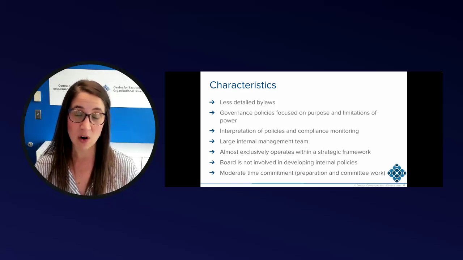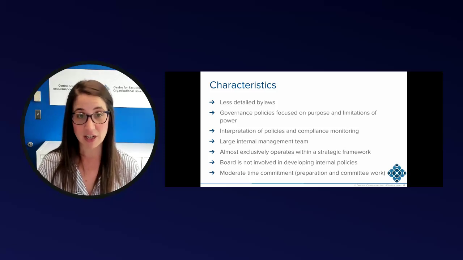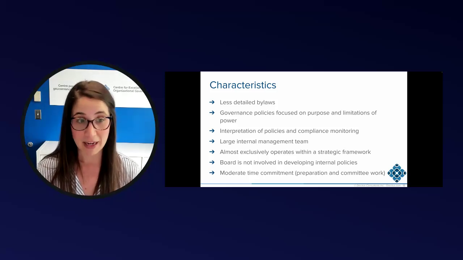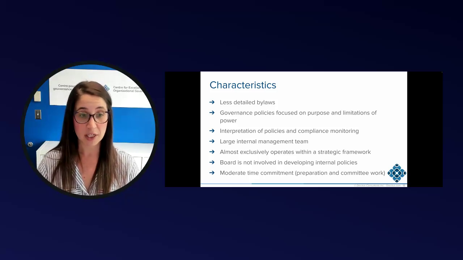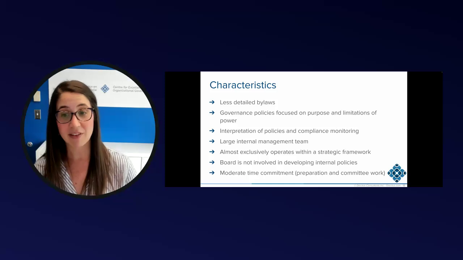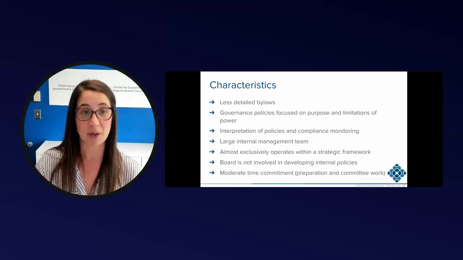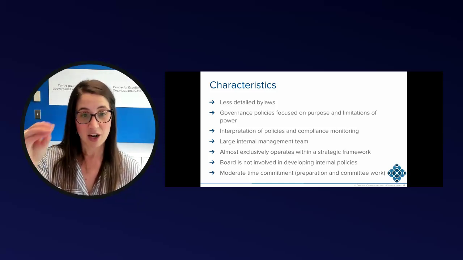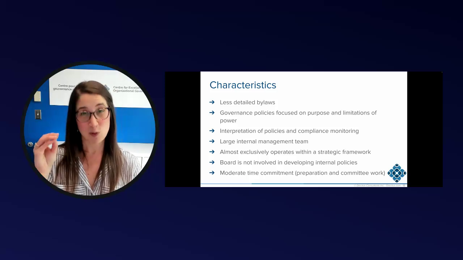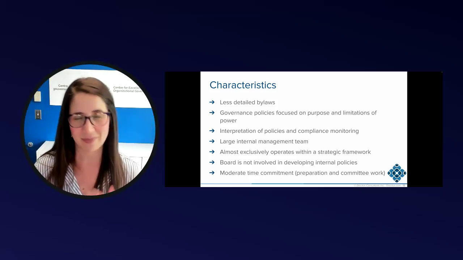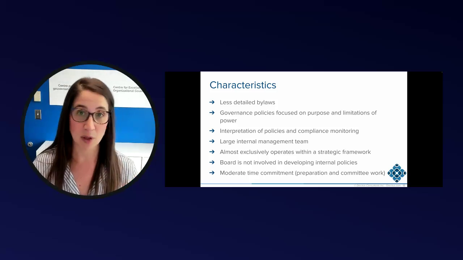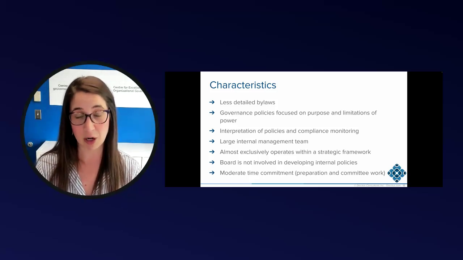The organizations that typically have this governance model have a large internal management team. These boards almost exclusively operate within a strategic framework. The board is not involved in developing internal policies because, let's remember, there's a large internal management team with specialized directors and specialized managers, for example, a human resources department that is led by a human resources expert.